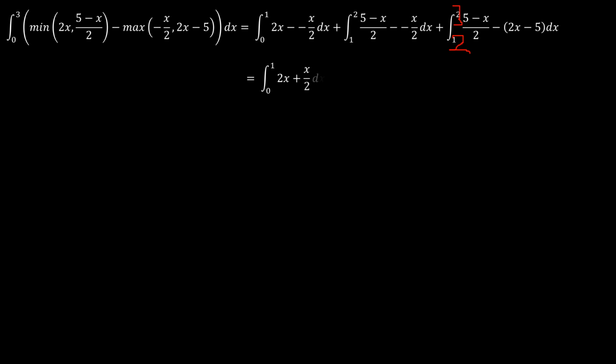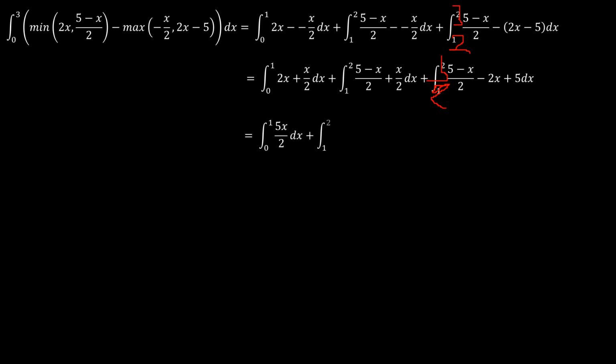And so we now have a beautiful 2x plus x over 2, then (5 minus x) over 2 plus x over 2, and then here in interval 2 to 3, we have 5 minus x minus 2x. The two negatives here result in a plus 5.